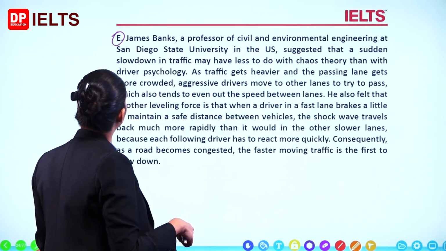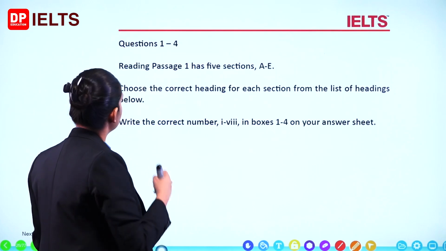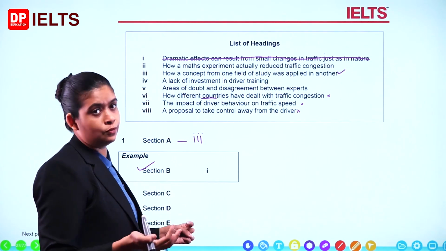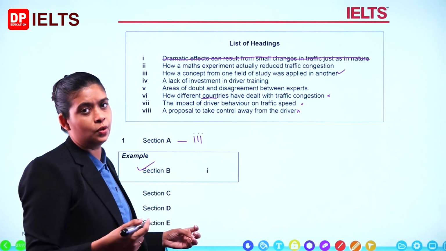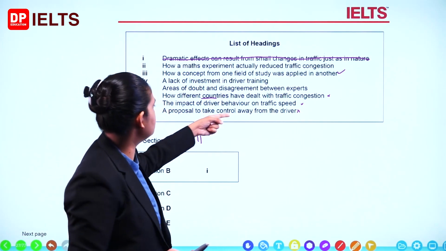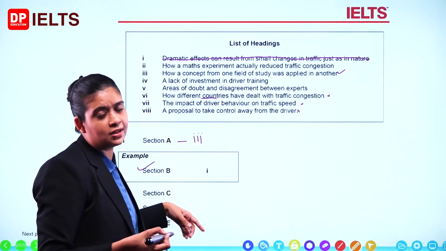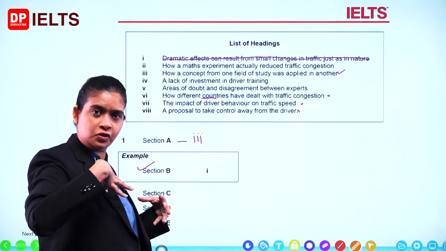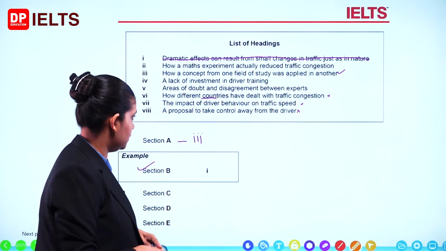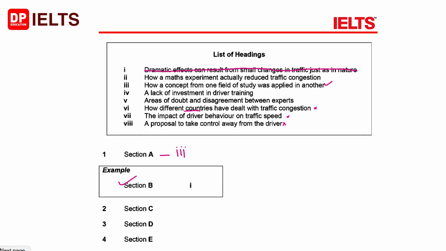So here we're looking at taking away drivers' controls and giving them to computer or other technology control powers, right? A proposal to take control away from the driver. Yes, so they're looking at taking it away from the driver and giving it to central controlled computers. So I would take this as 8.